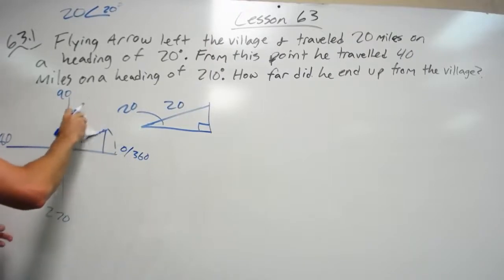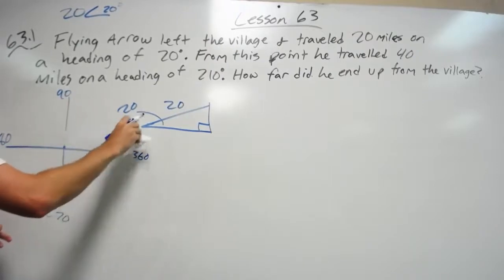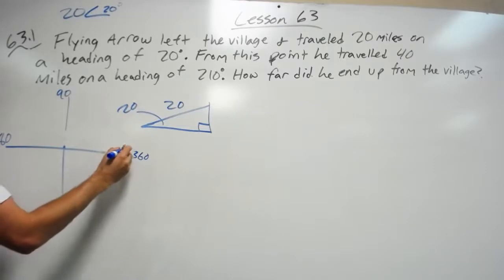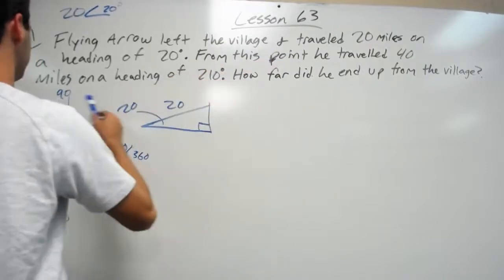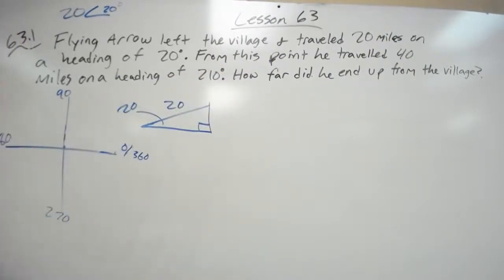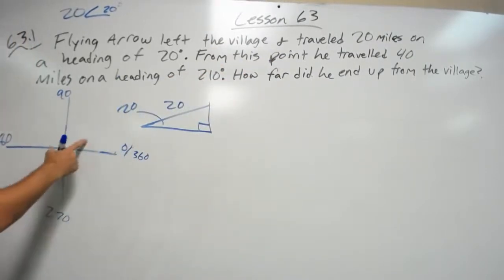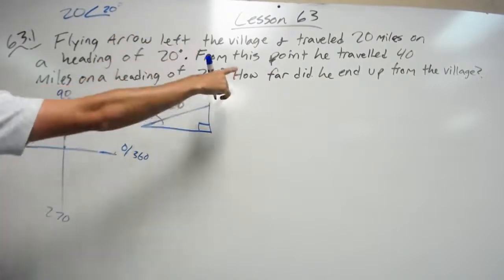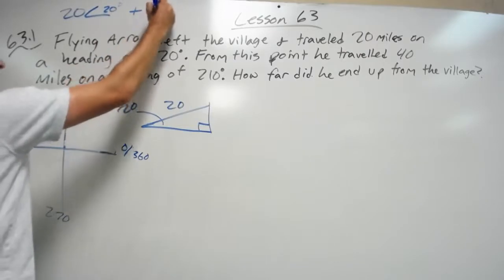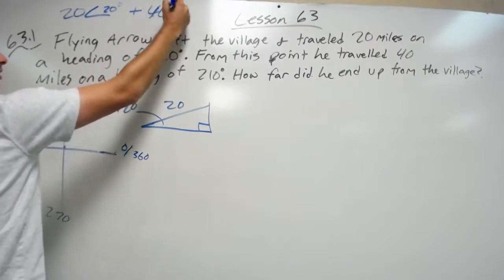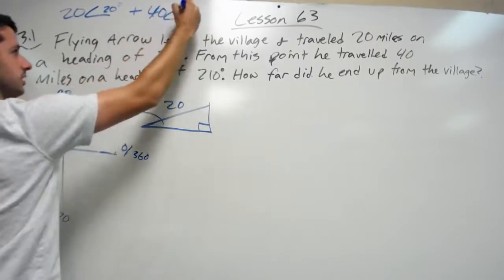I want to go ahead and graph the other distance vector, whatever it is. It says from this point, he traveled 40 miles on a heading of 210 degrees. So from this point, that means he added 40 miles at 210 degrees.